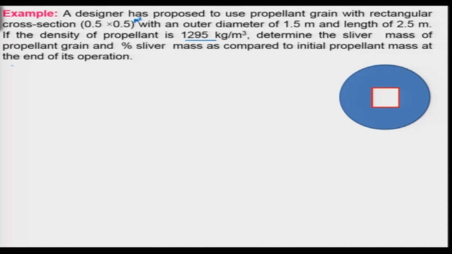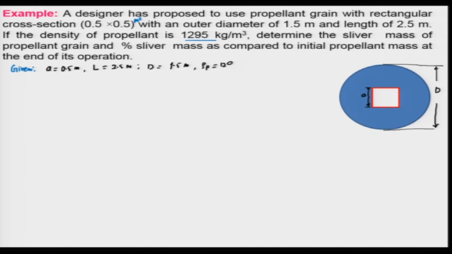So, if you look at these are the given. If I consider this is your A, and A is equal to 0.5 meter and length is 2.5 meter, and I can consider this is your diameter, and d is 1.5 meter and rho p is 1295 kg per meter cube.